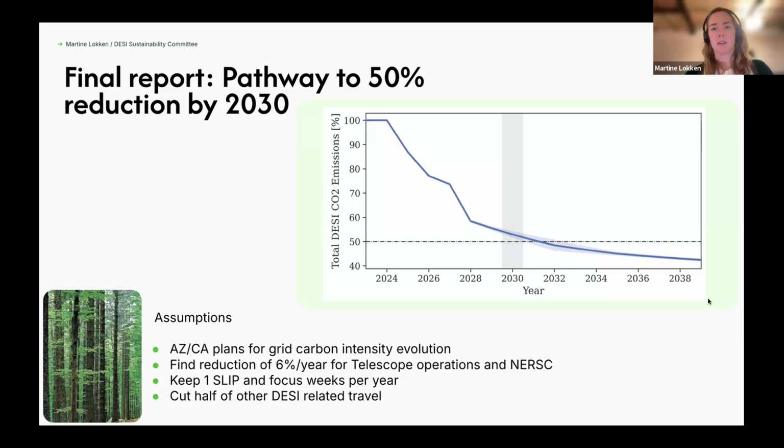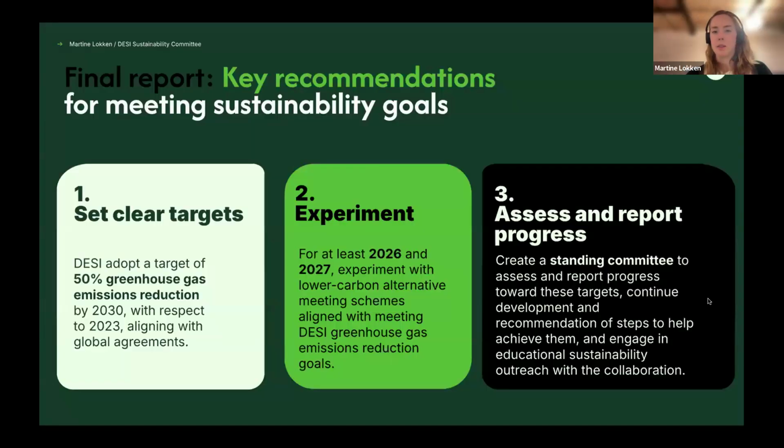And those were all parts of our final recommendations, but our main 3 recommendations were DESI should set these clear targets to really adopt the intent to reach these goals, no matter what the political situation is. We should experiment with different meeting styles, and then we should be assessing and reporting progress as we go and have some kind of infrastructure in place to do that.